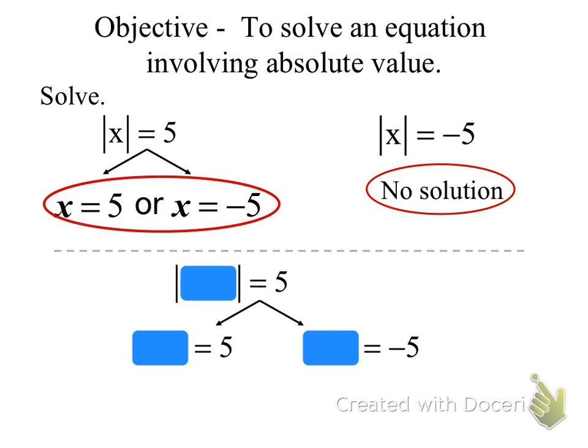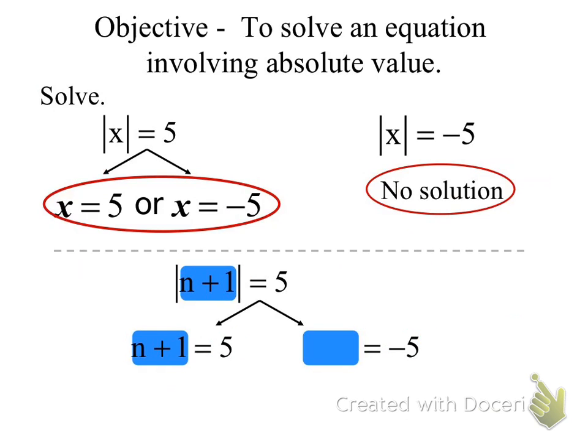Okay? So if I put that back in, does everybody understand why we branch it off into two equations? Because the overall value of this, it doesn't matter what's in there, it has to equal a positive 5 and a negative 5.